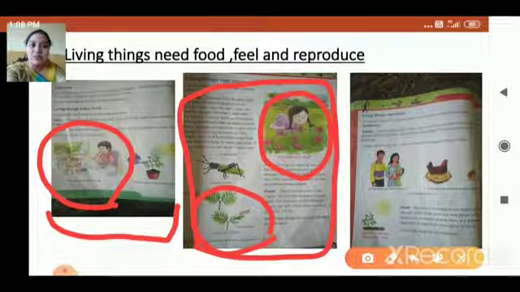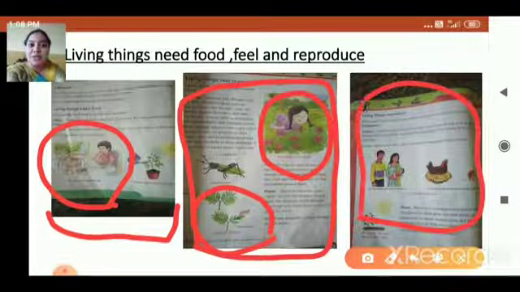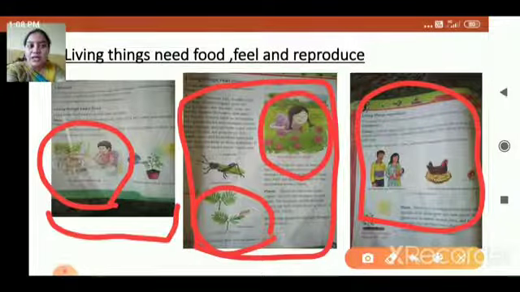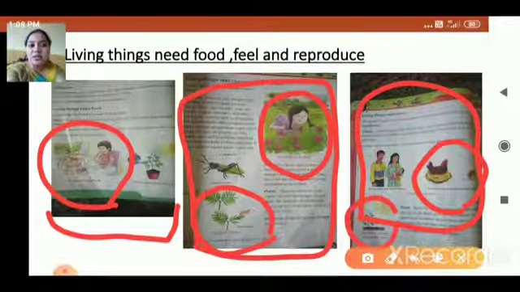And the next, coming to the reproduction part, the right hand side end picture would be the human beings, two parents having their baby in their hand. That is nothing but reproduction. The hen is giving birth to a small chick, and also the plant is growing due to the sunlight, air, water it has.